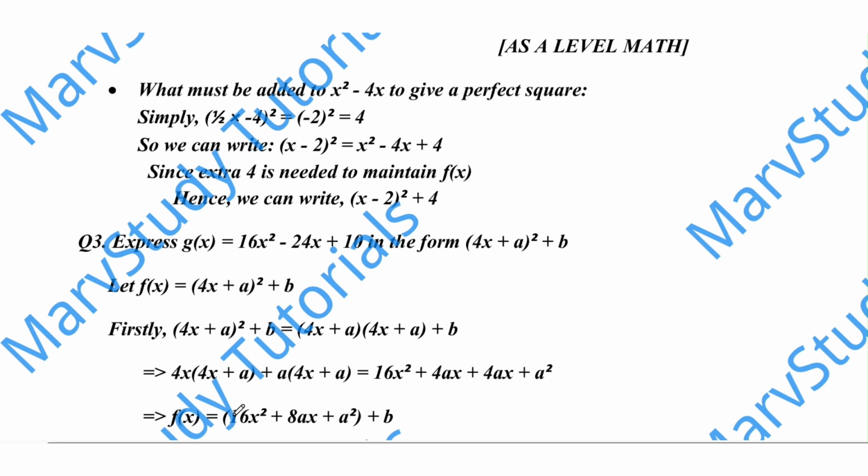So that means we could say f of x is equal to 16x squared plus 8ax, because 4 plus 4 is going to give us an 8, 8ax plus a squared plus b. Note that a and b are constants.